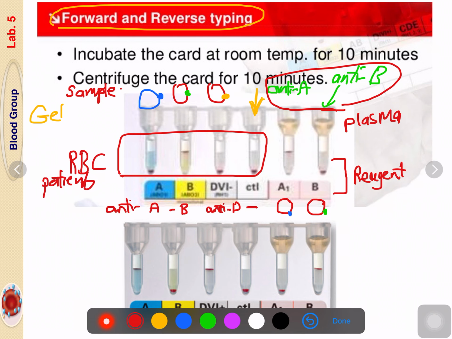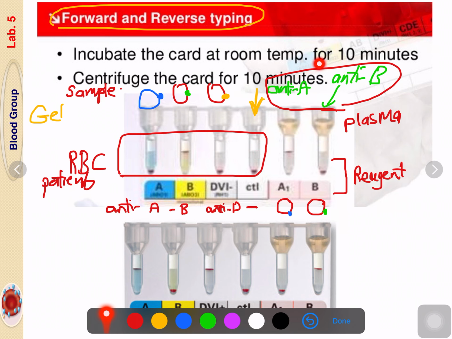Okay. After addition of these different parts, red blood cell of the patient to these 4, plasma of the patient to these 2, and we have a reagent here as a red blood cell A, red blood cell with antigen B as a reagent, and we have anti-A, anti-B, anti-D. Now this one is control. Okay, we have to add the red blood cell of the patient only.